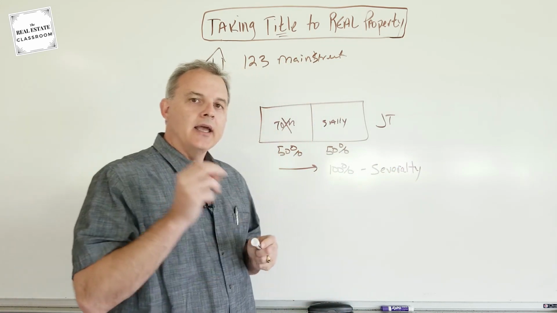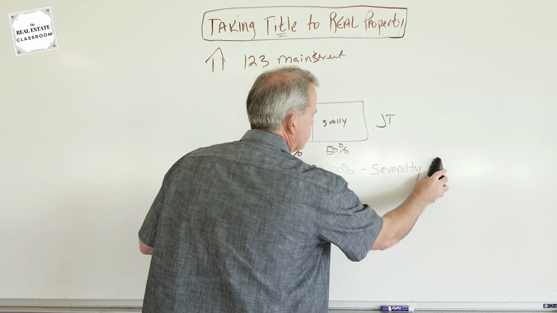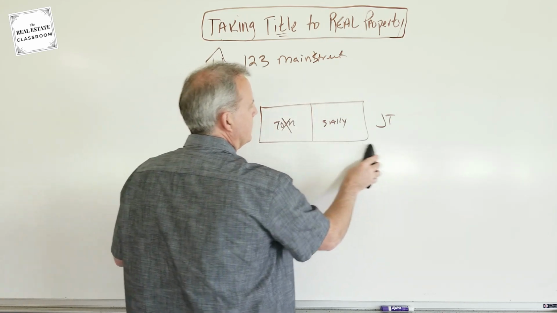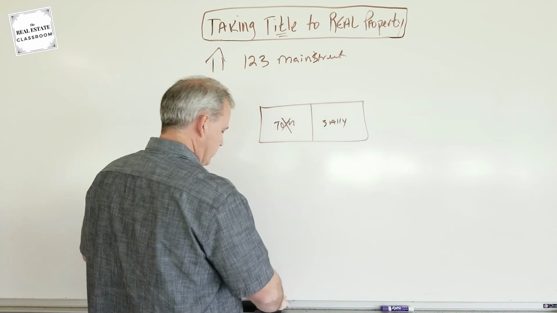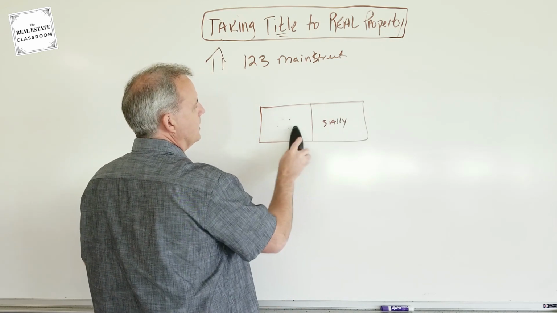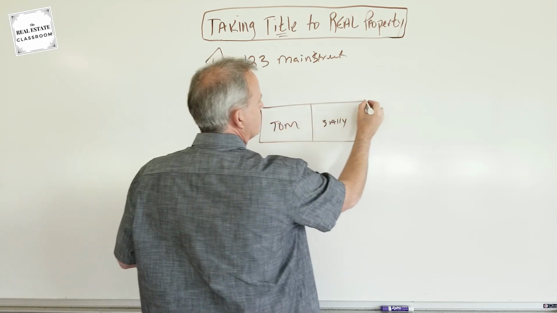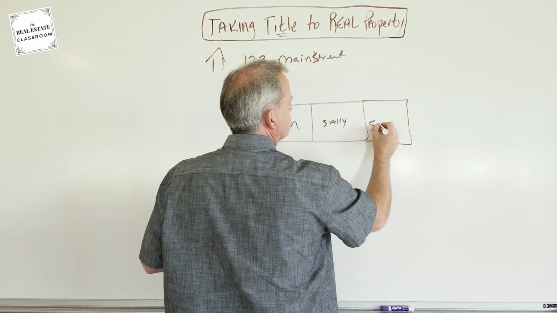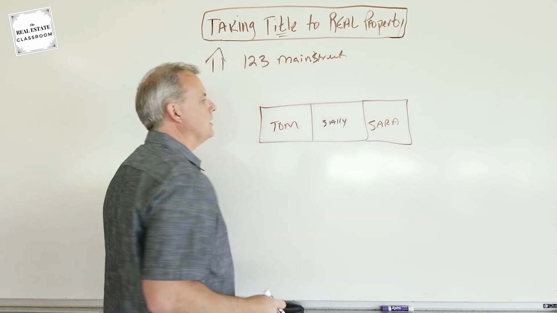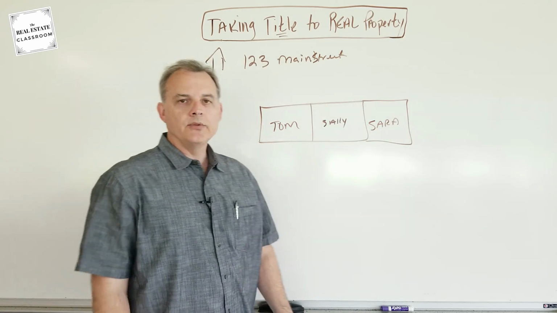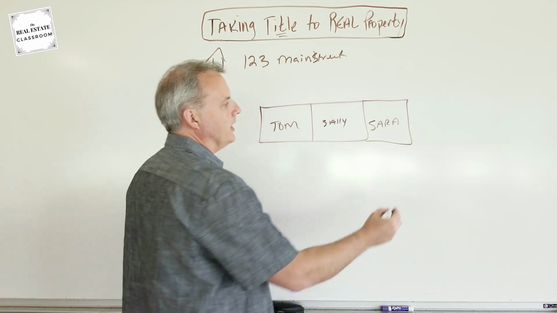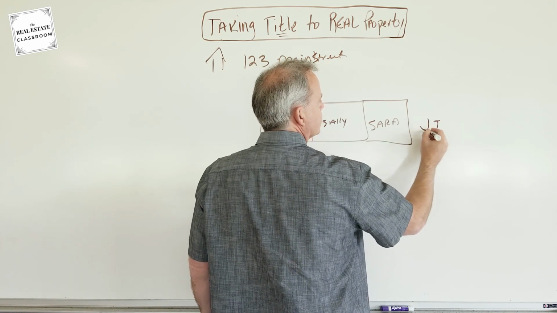So let's add a joint tenant. So let's say that there's Tom, there's Sally, and then there's Sarah. Now they pitched in their money to buy this house at 123 Main Street, and it's joint tenancy with rights of survivorship.